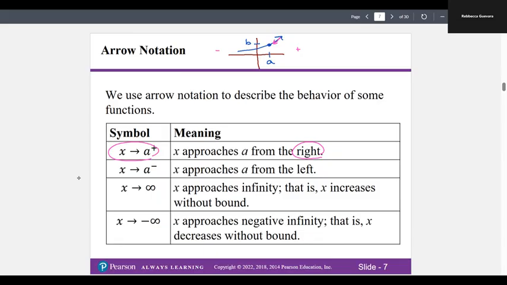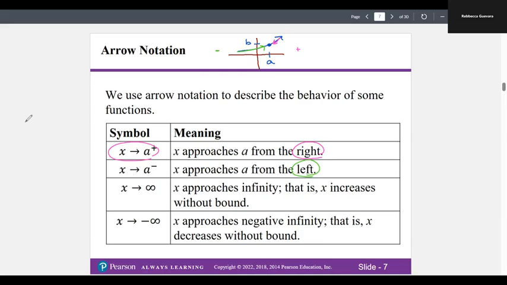Now, let's pick a new color, green. If I have x approaching a, when it's got that negative on it, that means we're approaching that a from the negative side. So we're getting closer and closer and closer to it from the left. Then the last part, those ones make a little more sense.